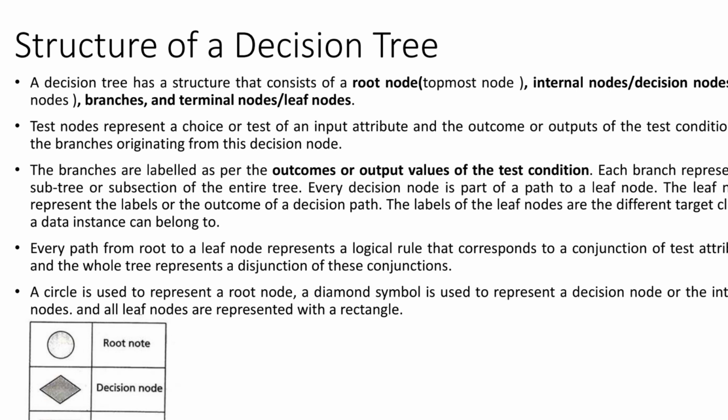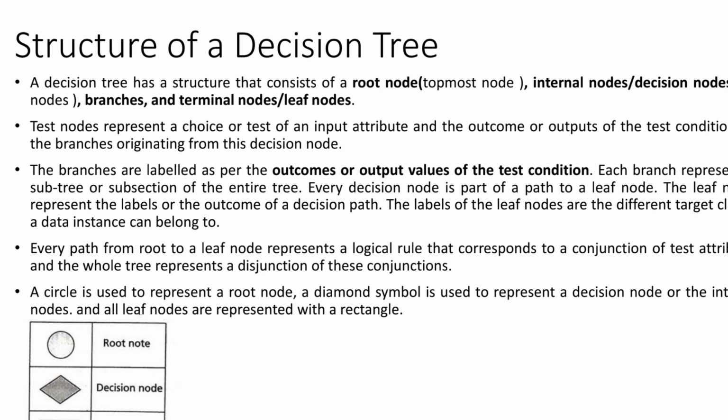The branches are all labeled as per the outcome values for the test condition. Either it goes to one side of the branch or it goes to the other side of the branch.